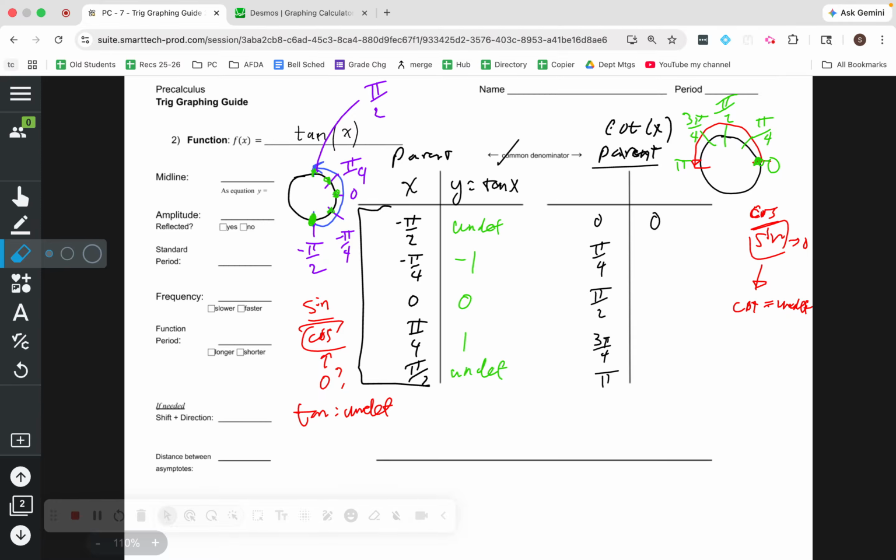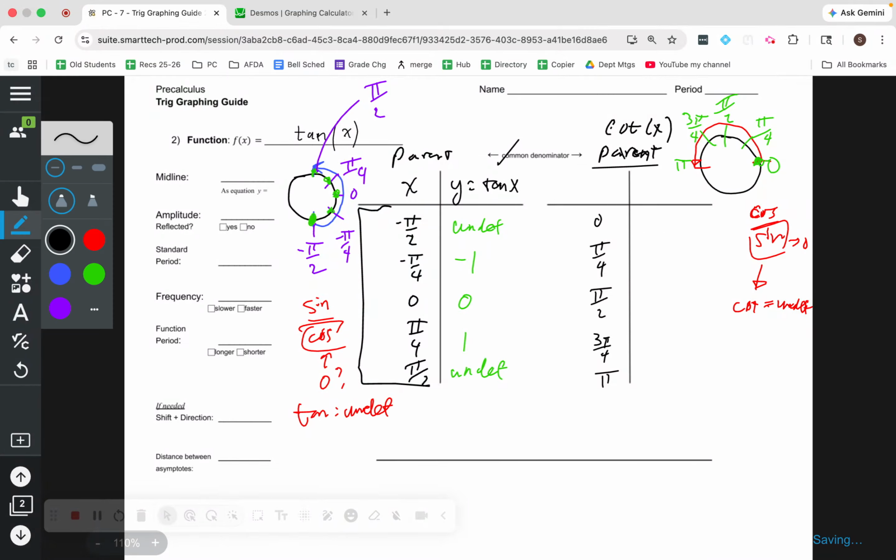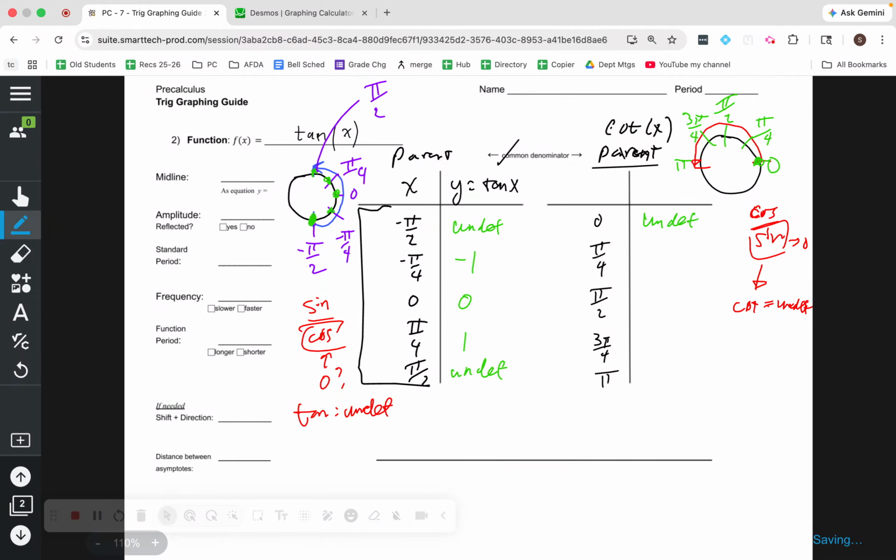Sine there is 0. So this is where it's undefined. Sine, of course, here is 0. Here, the ratio between sine and cosine is 1, positive. Here, cosine is 0, but sine is 1. 0 over 1 just evaluates as 0. This is negative 1. And then pi. Sine is 0, so this is where cotan is undefined.